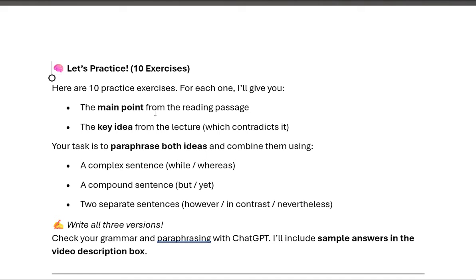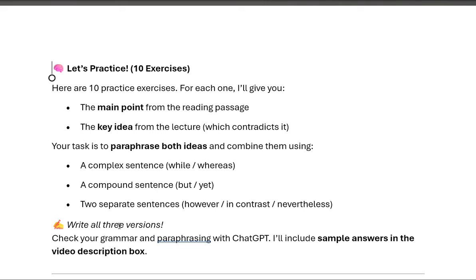I'm going to give you the main point from the reading passage and the key idea from the lecture which contradicts it. Your task is to paraphrase both ideas and combine them using a complex sentence, a compound sentence, and two separate sentences. Write all three versions and then check your grammar and paraphrasing with ChatGPT, and I'll include sample answers in the video description box. Remember that my answer might be slightly different because I'm paraphrasing and you're paraphrasing, so it might not be exactly the same, but hopefully you'll get the idea.